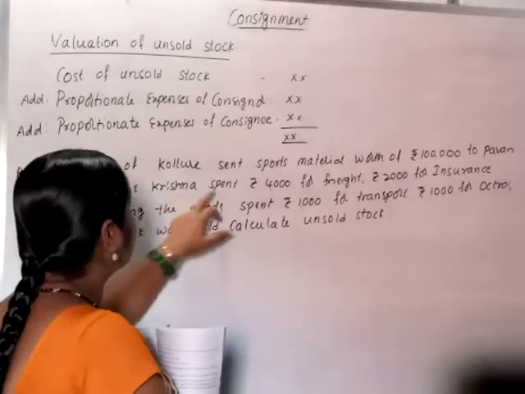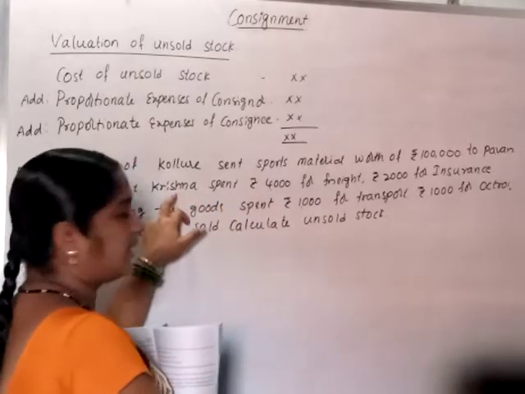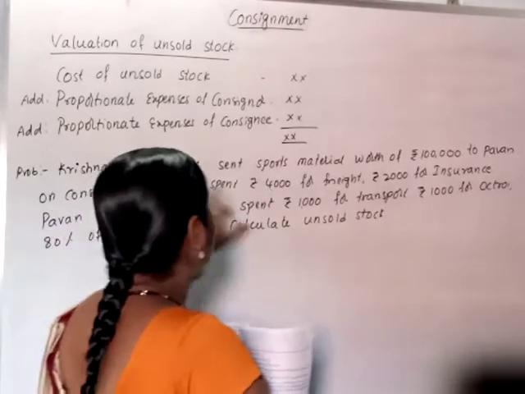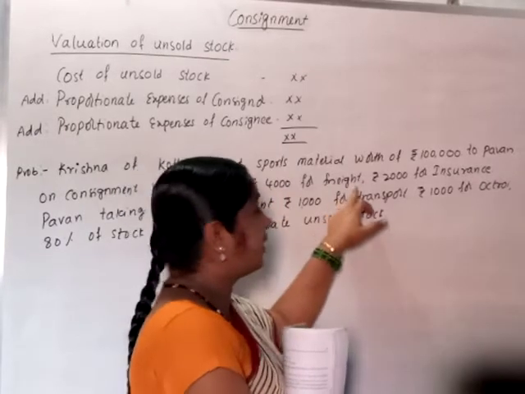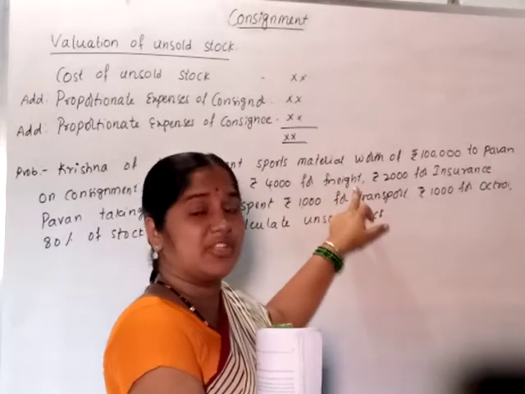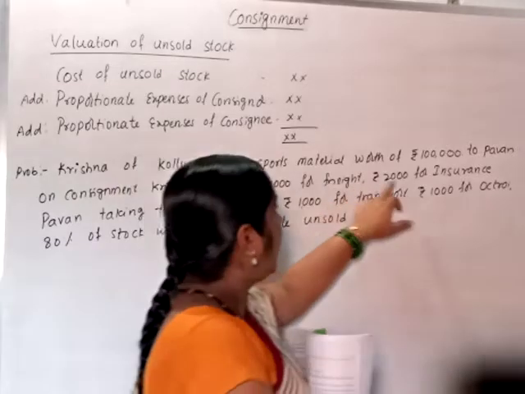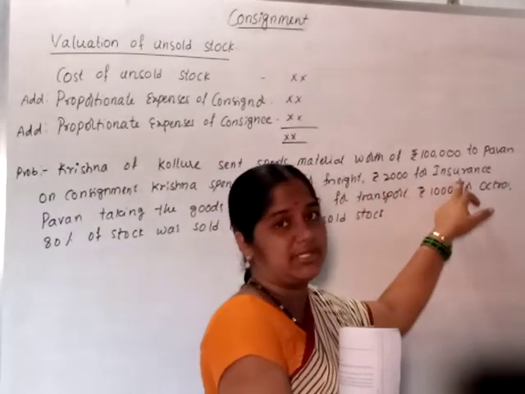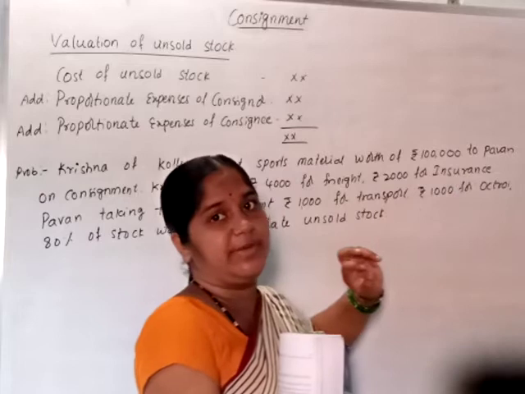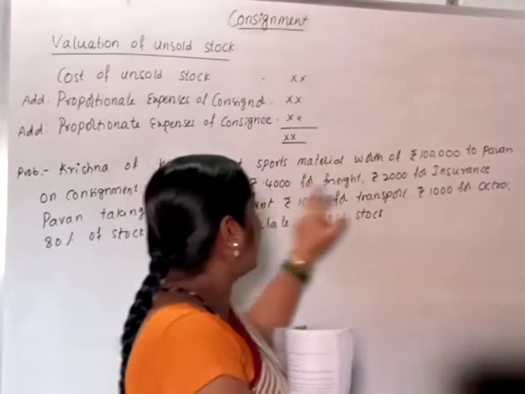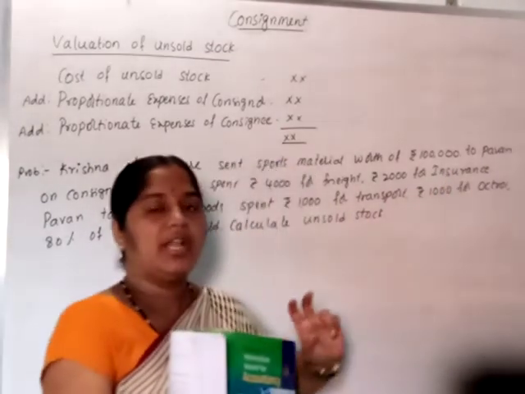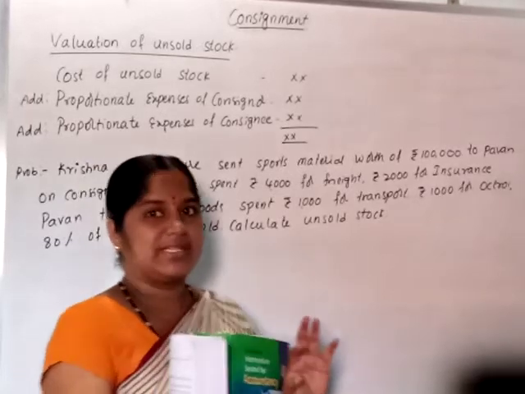Krishna spent 4,000 for the freight. Freight is a non-recurring expenditure. And 2,000 for insurance is also non-recurring expenditure. So freight and insurance are both non-recurring expenditure of the consignor.